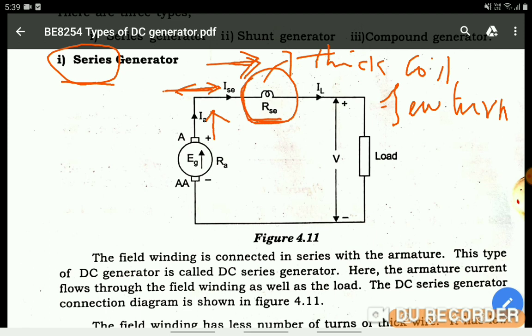That is the reason behind a single turn of RSE. Then this RSE is connected to the load. So both ISE, the current through the series field winding, and the current flowing through the load are the same as IA, because all are connected in series.